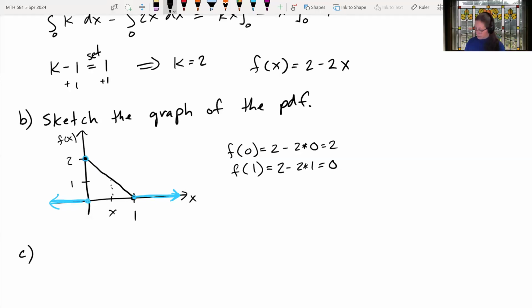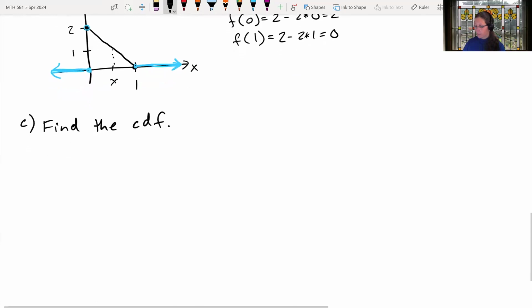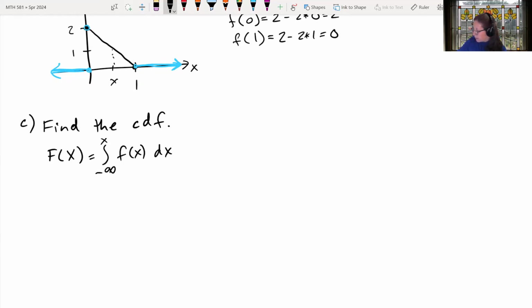Let's see, part C. We're going to find a CDF, a cumulative distribution function. We can recall that that function F of x is the integral from negative infinity to x of f of t dt. So if I'm looking at our particular function, our F of x will be equal to, now we don't really need to go all the way to negative infinity, we just start with our lowest value, which is at 0.